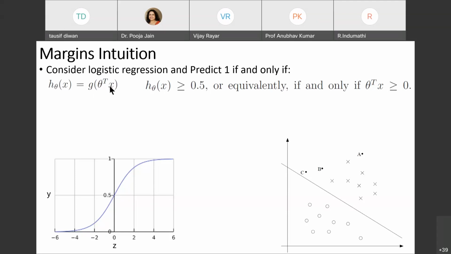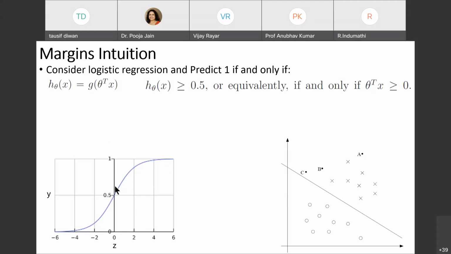Theta is a parameter vector and x is the input vector. Here we perform element-wise multiplication, so we can consider it as a dot product of two vectors. Okay, after that you apply the sigmoid function. The range of sigmoid is between 0 and 1. Just look at this. If this is the value of theta transpose x, then the lower value is 0 and the upper value is 1.